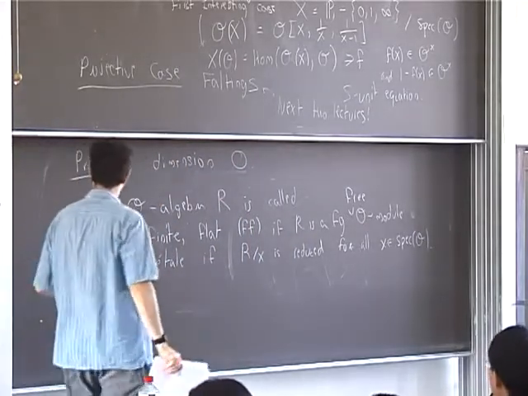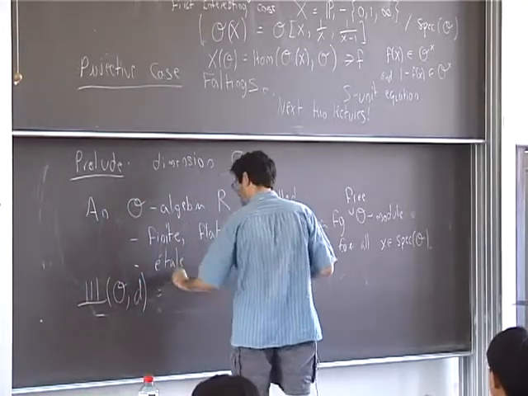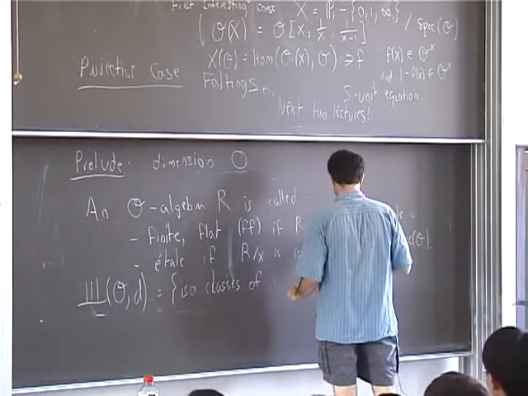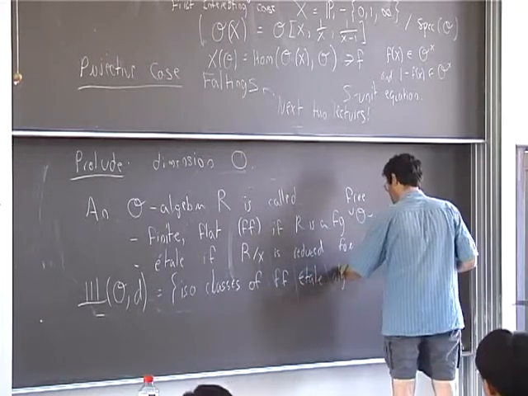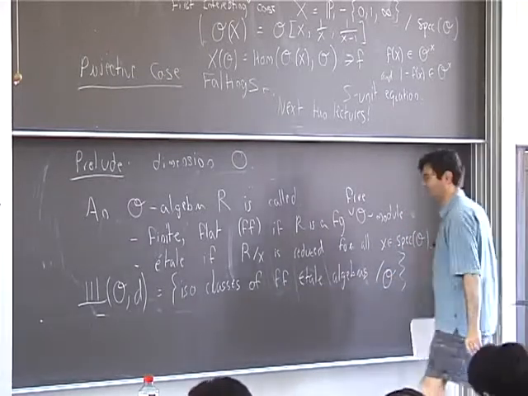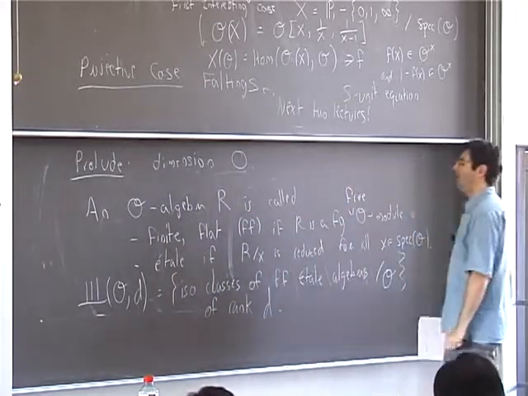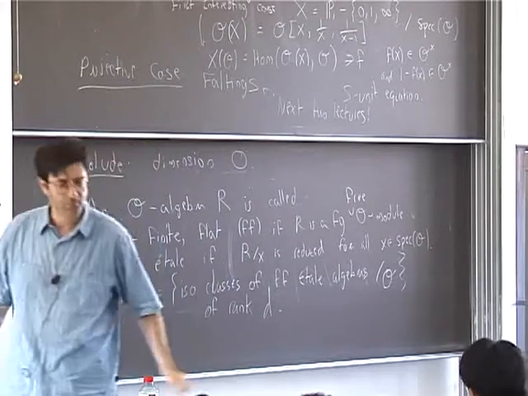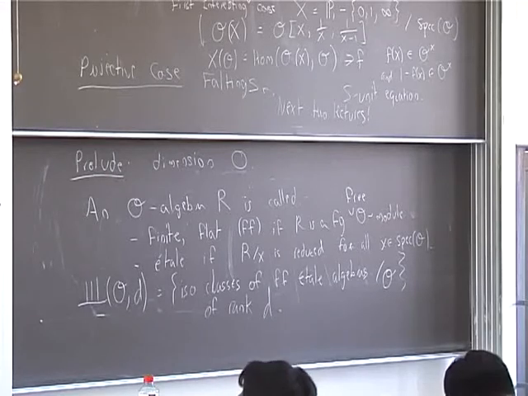And we can consider the set, which I'll denote SHA OD, of all isomorphism classes of finite flat étale algebras over O of rank D. So I fix the rank to be D. Okay, and so now I want to state the classical result of Hermite, which is going to be useful in a number of proofs that I'll be giving later.